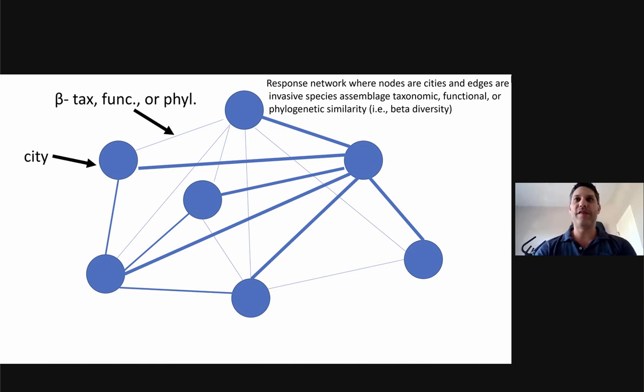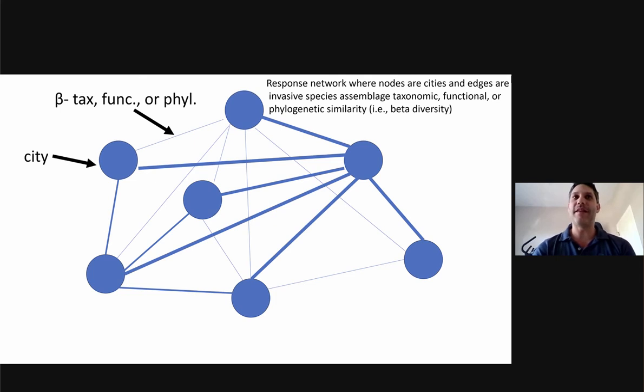And so each of the nodes, these circles, are cities, and then the edges connecting the nodes are beta taxonomic diversity, beta functional diversity, or phylogenetic beta diversity. In that, if an edge between two nodes is thicker, that means the two cities are more similar in either their taxonomic composition, functional composition, or phylogenetic composition of invasive species.